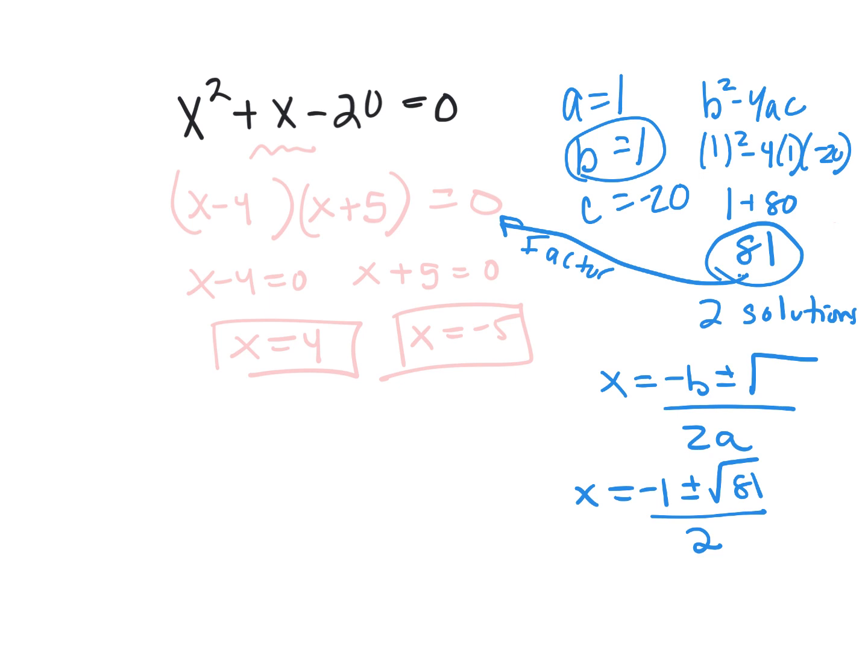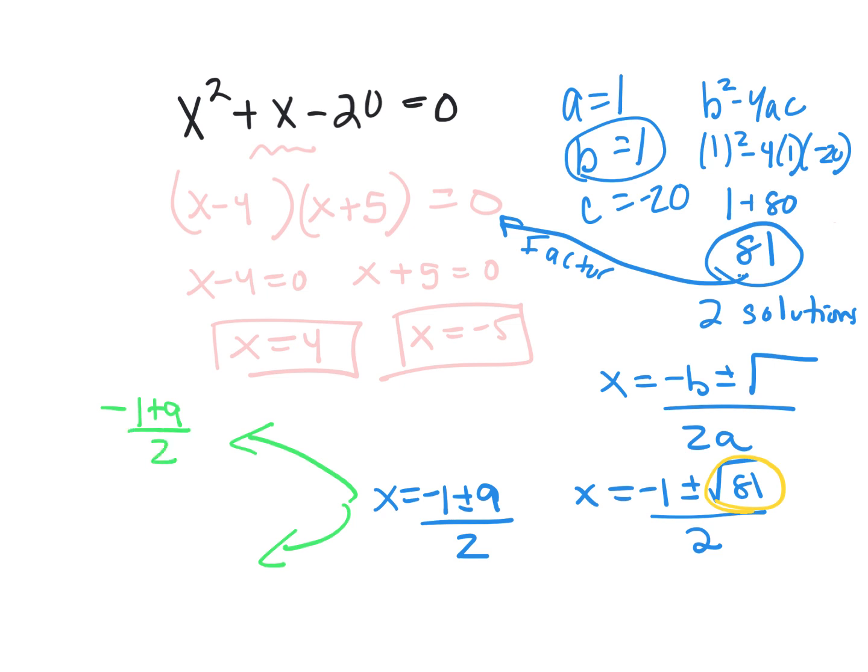Now what happens here is we have the square root of 81, which is a perfect square, which gives us 9. So that would mean that x is equal to negative 1 plus or minus 9 divided by 2. Well, if we think about this now, we would have negative 1 plus 9 divided by 2.